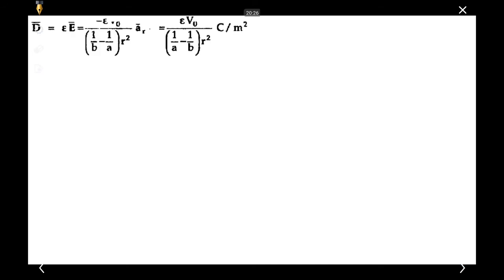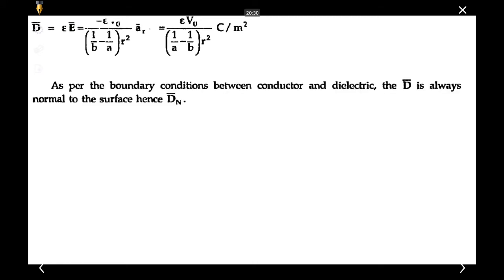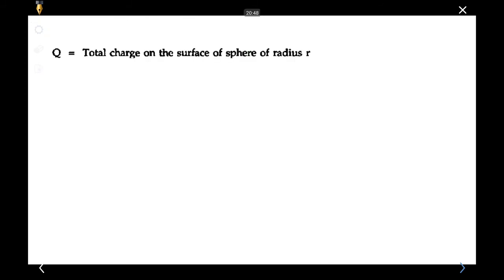Modulus of D is equal to rho S. So modulus of D is equal to rho S means you have to find modulus of D. When I find modulus of D, I will leave the AR vector. Q is the total charge on the surface of the sphere. So total charge will be equal to rho S into area.